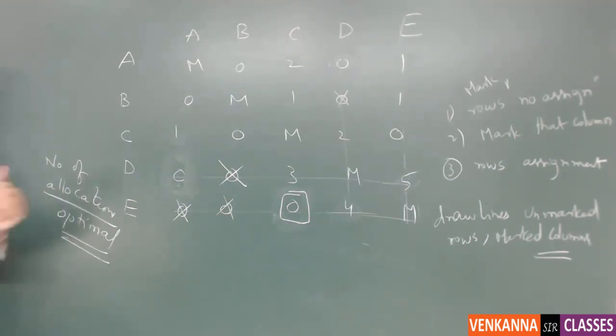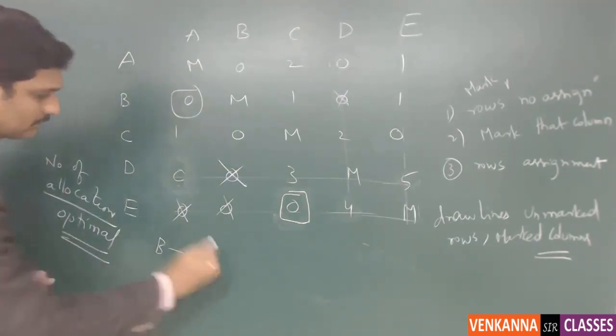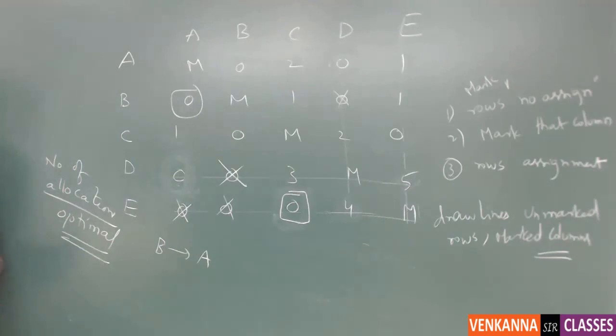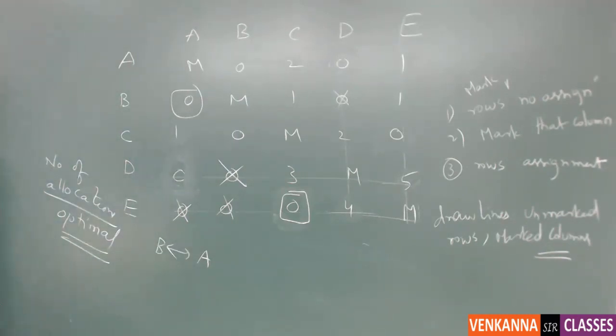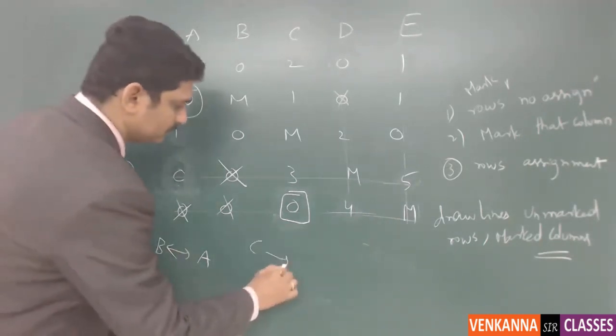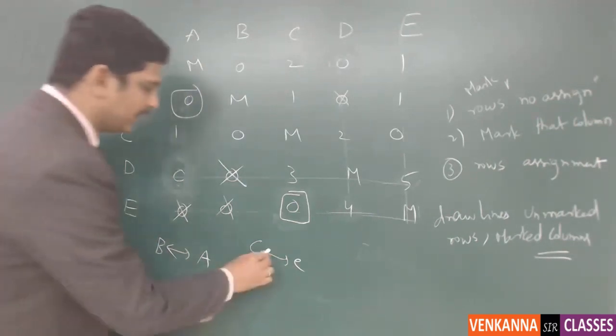Right? B to A, fine. Then you have A to B. Again, A comes to B. Right? So you have an if and only if thing there. Then C to E. Then E to C, again you have the same thing, right?